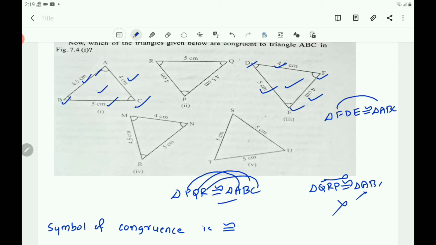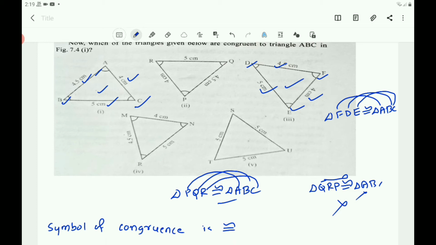In this way, the correspondence between the triangles can be given in order. So it is necessary to write the correspondence of vertices correctly for writing congruence of triangles in symbolic form.